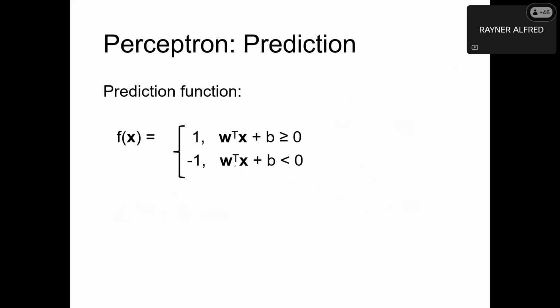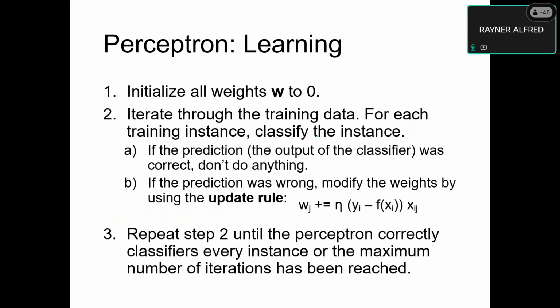Okay, in summary, we have studied this. So this is the prediction function that we use. We look at the sign only and not the magnitude of your function.